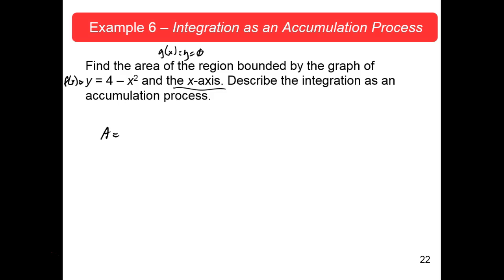But what you really were doing, you set this function equal to this function. Remember? So you set 4 minus x squared equal to 0, and then you factored it, and you got 2 minus x times 2 plus x is equal to 0.